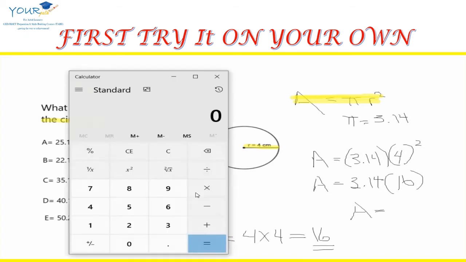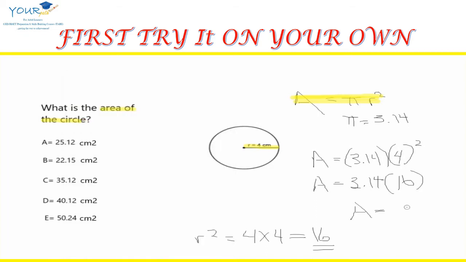So here we have 3.14 times 16, and we get 50.24. And this will be centimeters squared because remember we had to square our radius, which is right here.